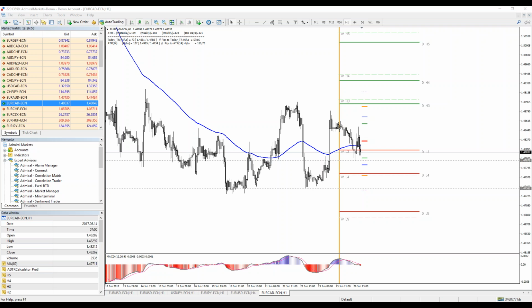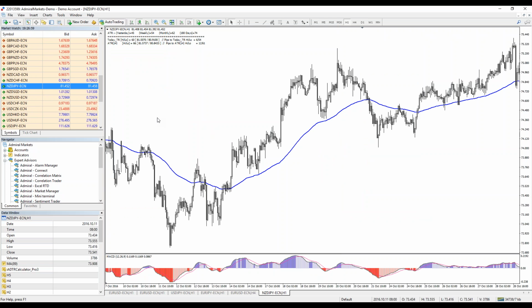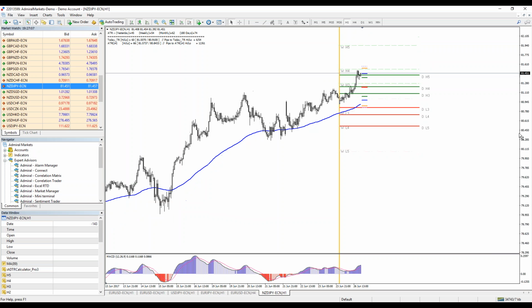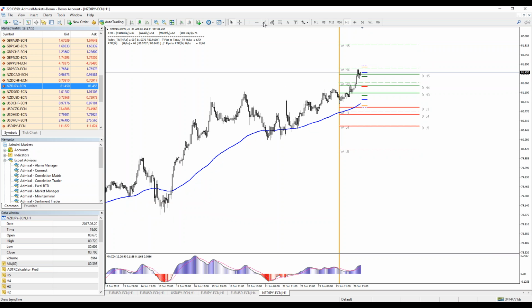New Zealand yen. This is uptrend. Yes. New Zealand yen. It's a strong uptrend. So if this trend line holds, you might see buying from this level, 81.20.